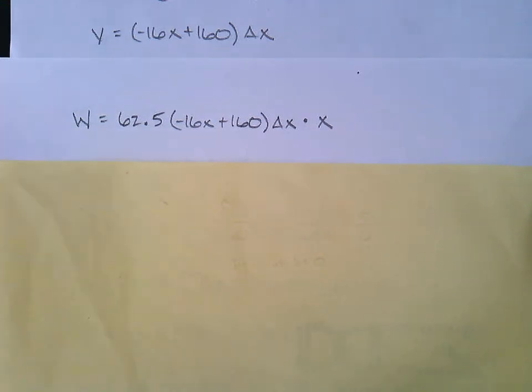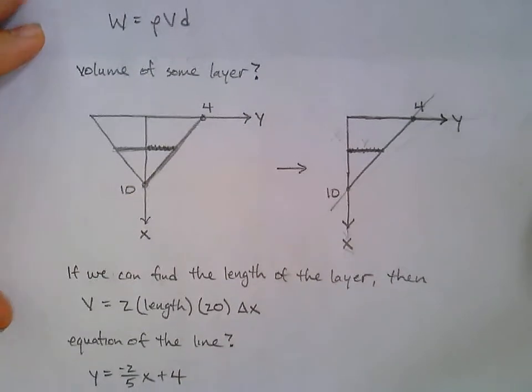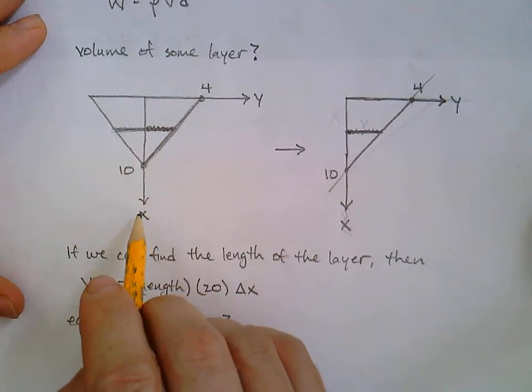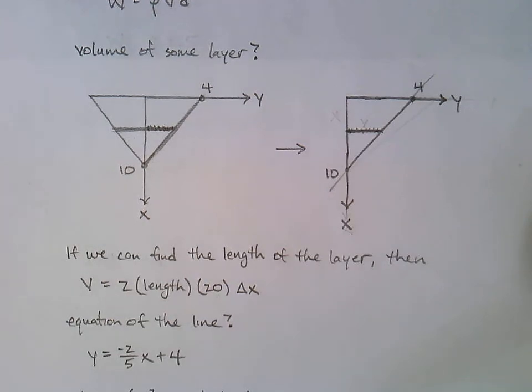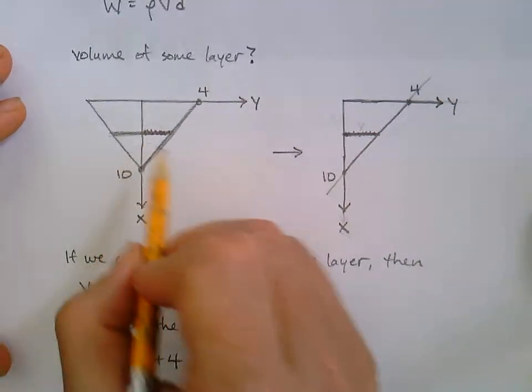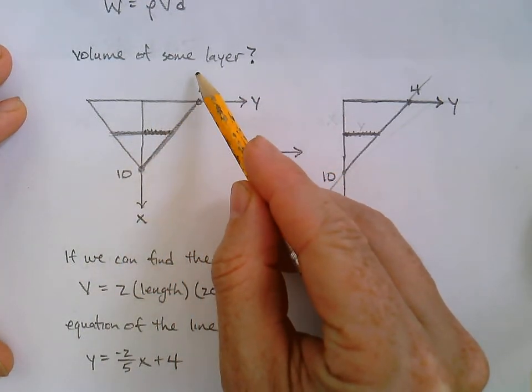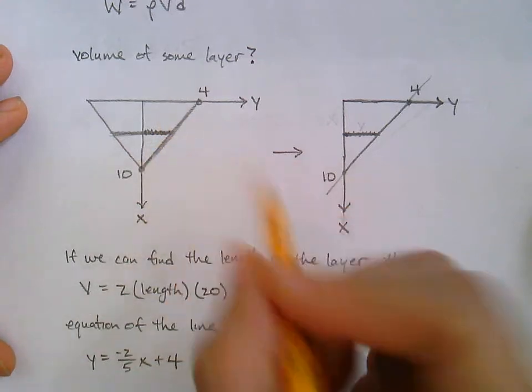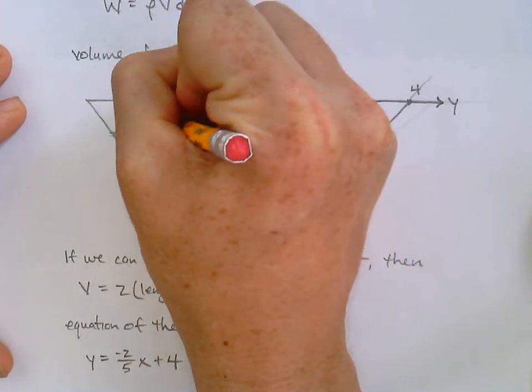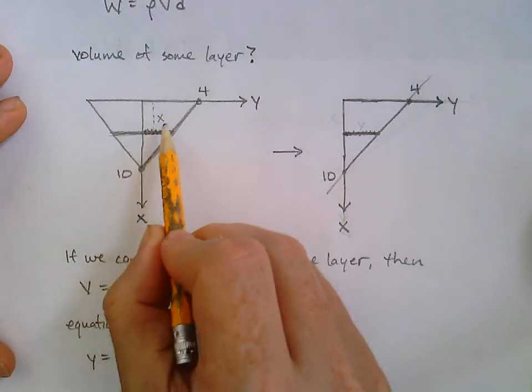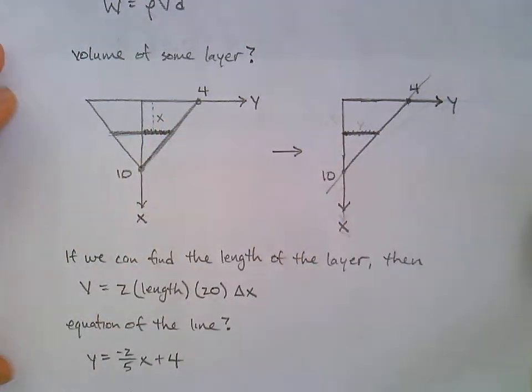X. Now, perhaps you don't like the way I've gone about this so far. Maybe you don't like the way I set up my XY plane, like reversed. But I highly recommend you do it. Why? Because how far does any given layer need to go to get out of the tank? It's always x, right? It's x to get out of the tank.